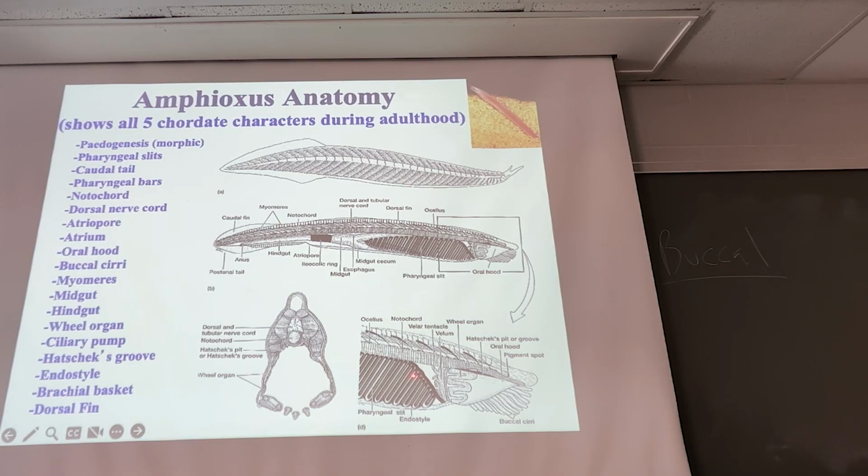Once in the pharynx, the water will slip through the pharyngeal slits into the atrium. And any food that comes in with this, that's suspended organic material, will stick to the mucus that's lining the bars and then be collected and pushed to the intestines, which are back here or caudally located.